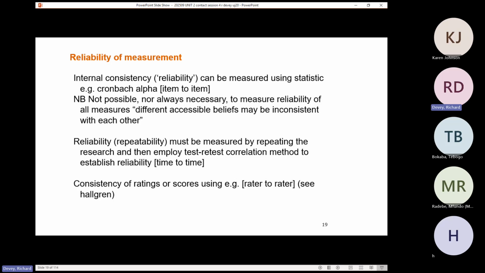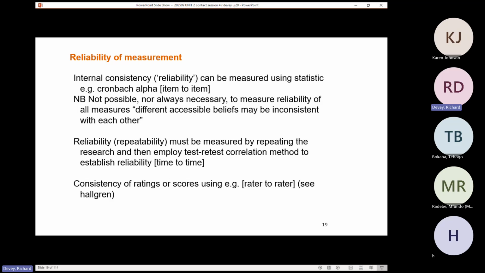So the third one is where you might get it often. Let's say, for example, you're doing a health sciences study, and you want to see how well a new radiographer can analyze an image. So what you would do there is you get the new radiographer, the student radiographer, to analyze an image, and then you get an expert to analyze the image. So you've got two people analyzing the image, and you want to see how closely their results match.